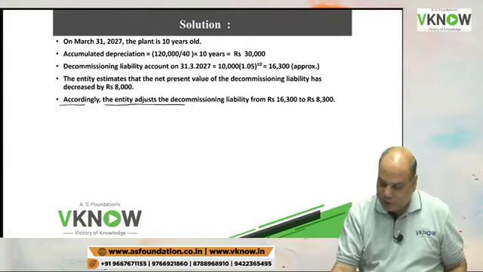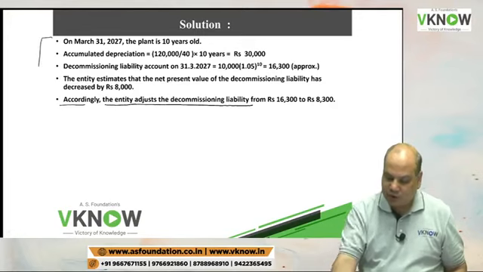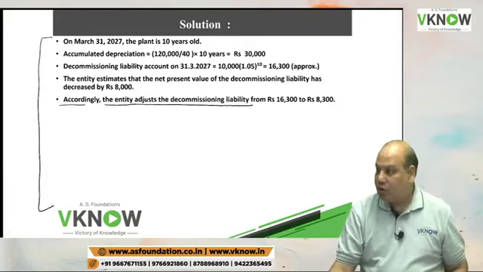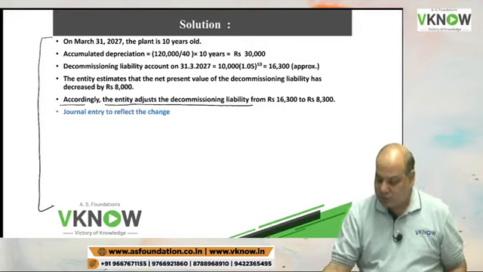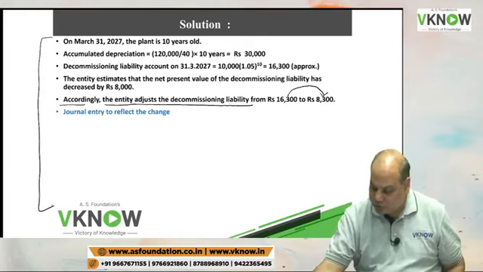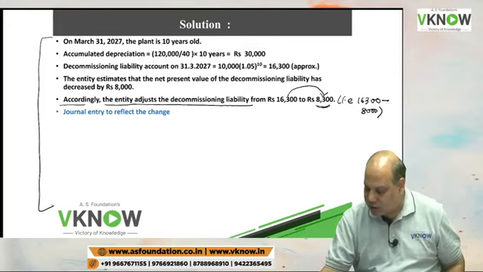Accordingly, the entity adjusts the decommissioning liability from rupees 16,300 to rupees 8,300. This way you will present in the exam. Now, how has this 8,300 come? Those who want can write in brackets 16,300 minus 8,000. So now the revised liability is 8,300.